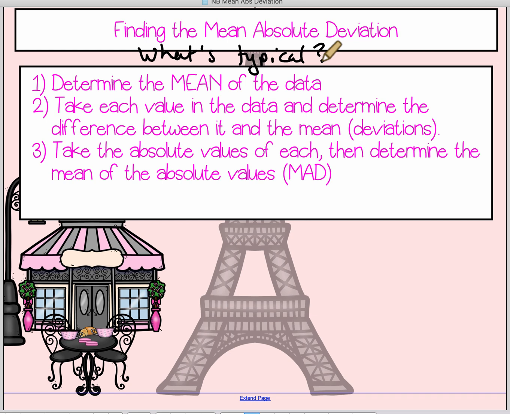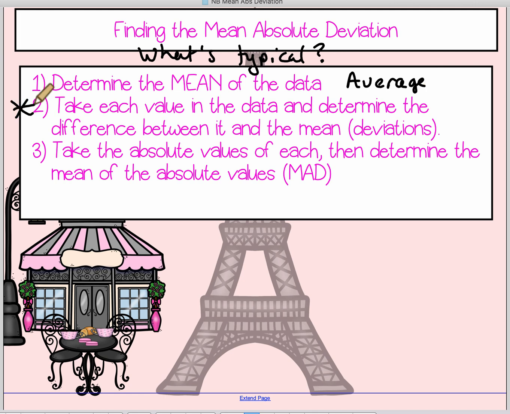Okay, so the first step is to determine the mean of the data. So you find the average of the data like you normally do. What's the mean? The next thing is you're going to take each value in the data. Okay, so this is a big step.